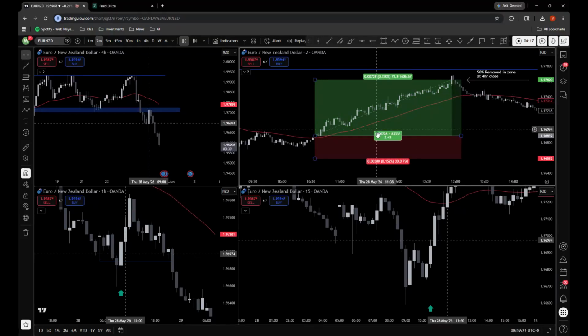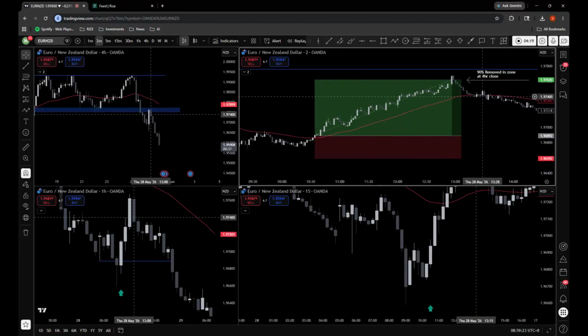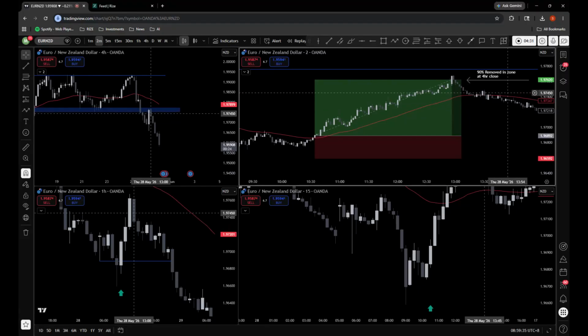So I closed 90% up here and then just aggressively trailed my stop once we started to hold on this 5-minute 50 EMA and broke lower, 2-minute 50 EMA, and we broke lower. I just trailed my stop, and was taken out here. So overall it was a 2.25% trade.